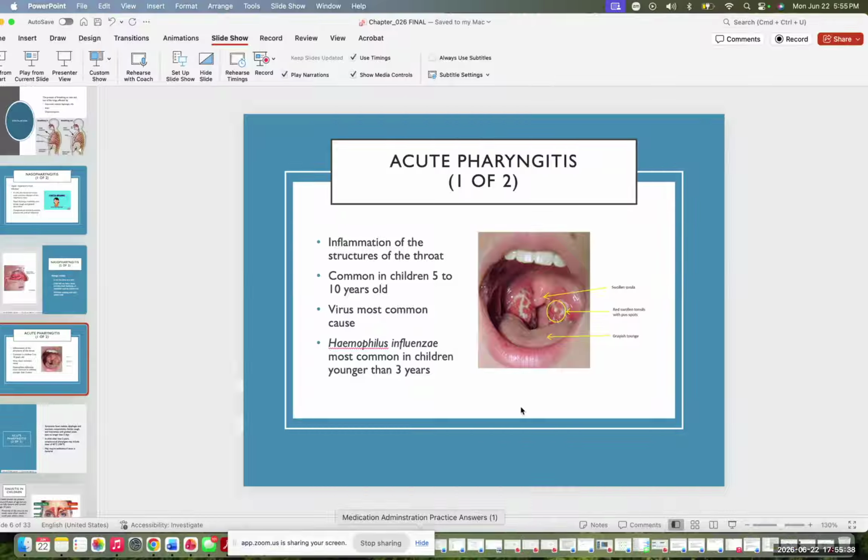If I were to ask you about charting that, they're saying this here, but that's not how I'm going to chart. I'm not going to say red swollen tonsils with pus spots. Who can translate that in terms of medical terms? What is pus? What's a medical term for pus?